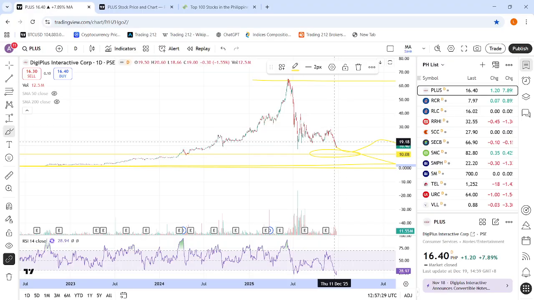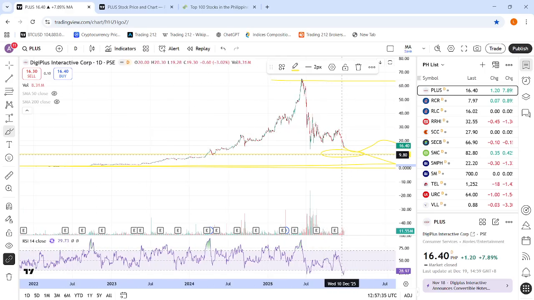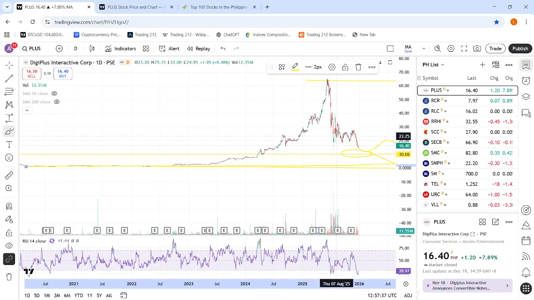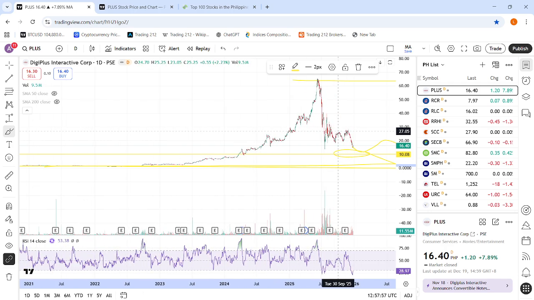And aside from this one, if you check the middle price, so 60, the mid price is 30, so below 30 is already a good price to buy.